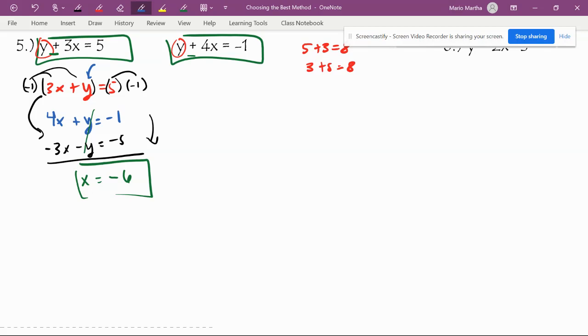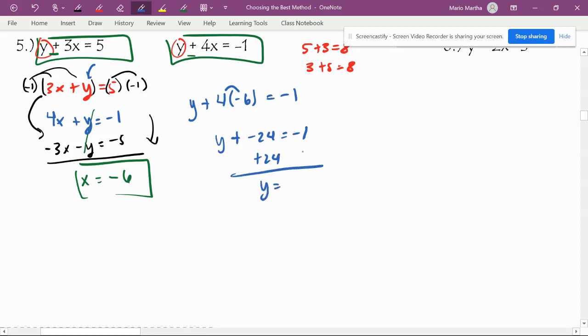So after this, we want to do y plus 4 times -6 equals -1. So that's y plus multiply, that gives you -24 equals -1. Add 24 to both sides, you're going to get y equals 23. And that's our y coordinate. So our solution ends up being -6 comma 23.